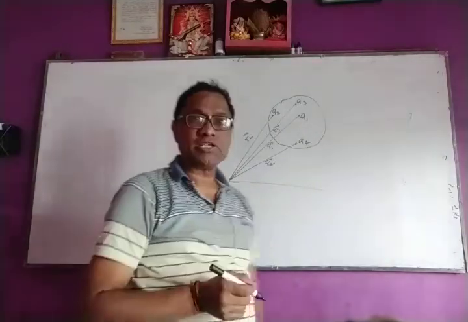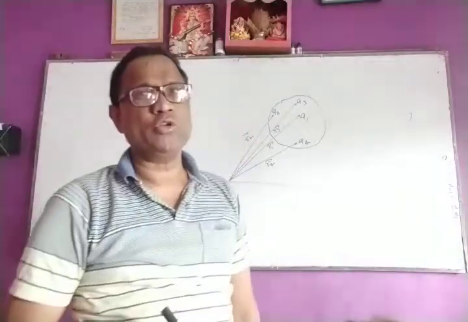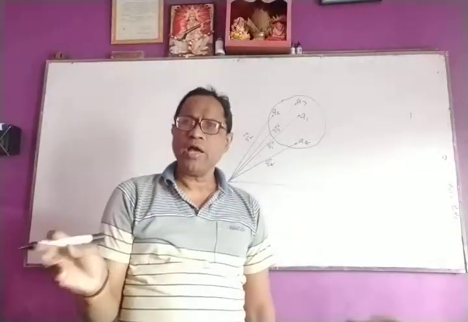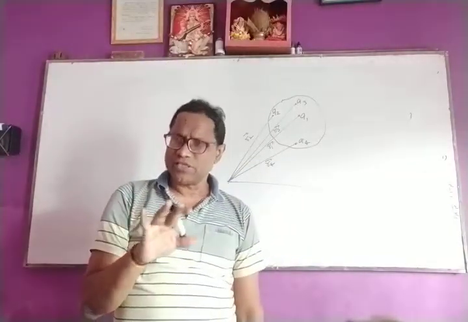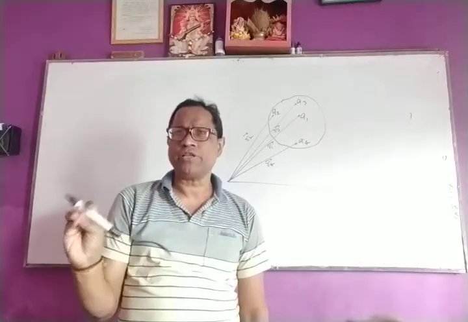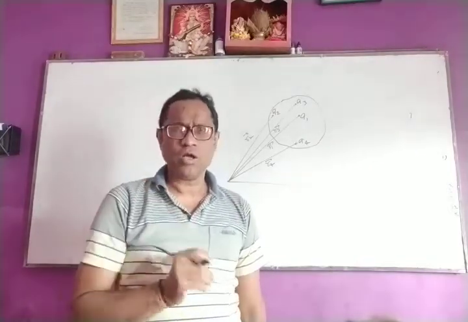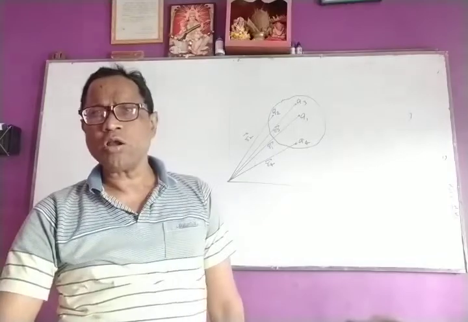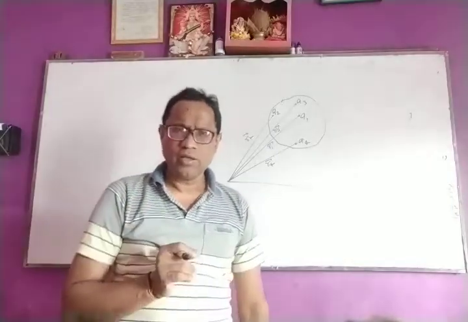So this system consists of point charges q1, q2, q3 up to qn at distances r1, r2, r3, and so on up to rn with respect to origin O. Clear?